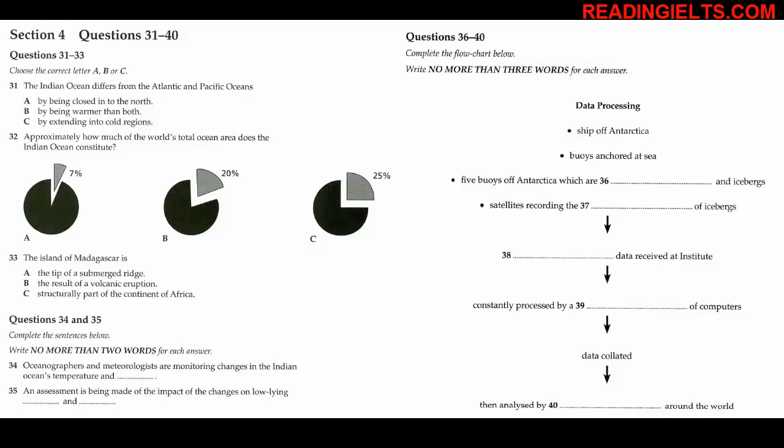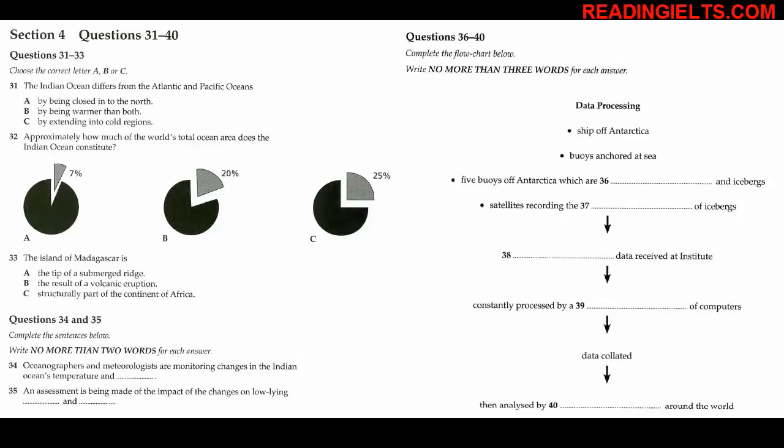In addition to the information sent from the ship that we have stationed off Antarctica, in the south of the Indian Ocean, data are being transmitted round the clock from buoys anchored at various points around the ocean. 5 of these buoys are observing ice packs and icebergs coming into the Indian Ocean from Antarctica.